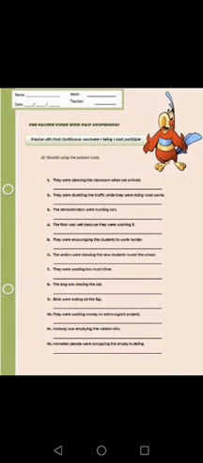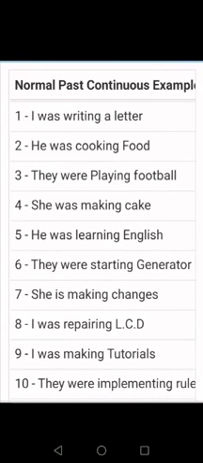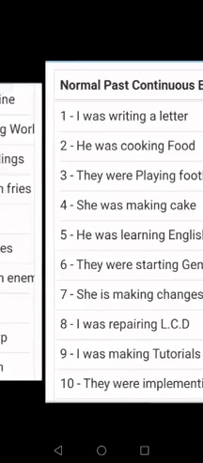So these are the worksheets. Today we read the past continuous tense, the active and passive of the past continuous tense, which we discussed in our lecture. So what you have to do is prepare these and then make your assignment. These worksheets are given, and you have to write the active and then solve these active sentences into passive.